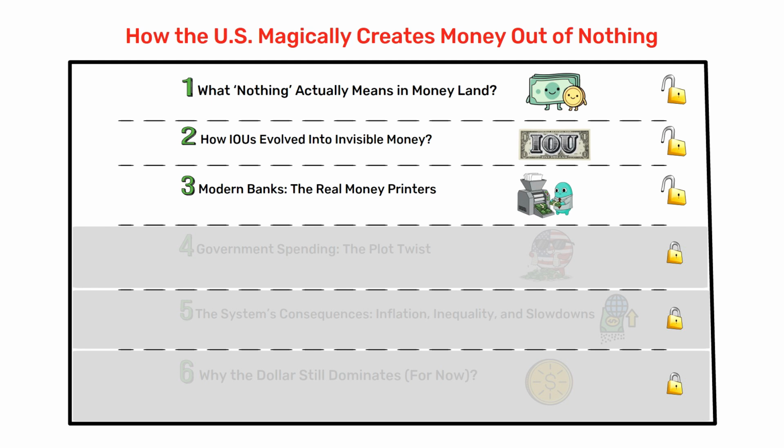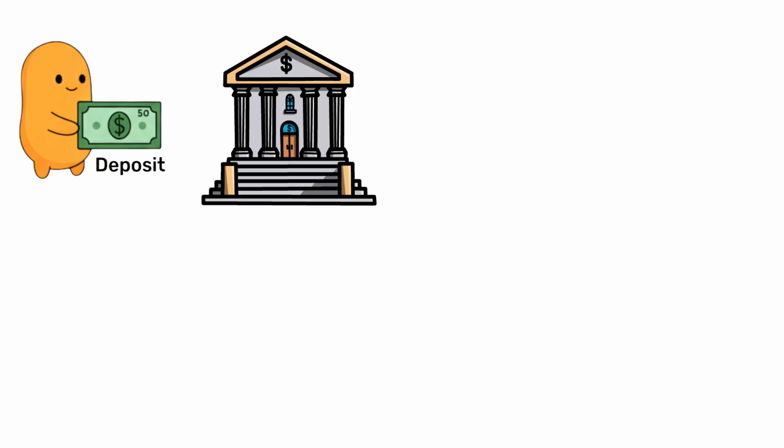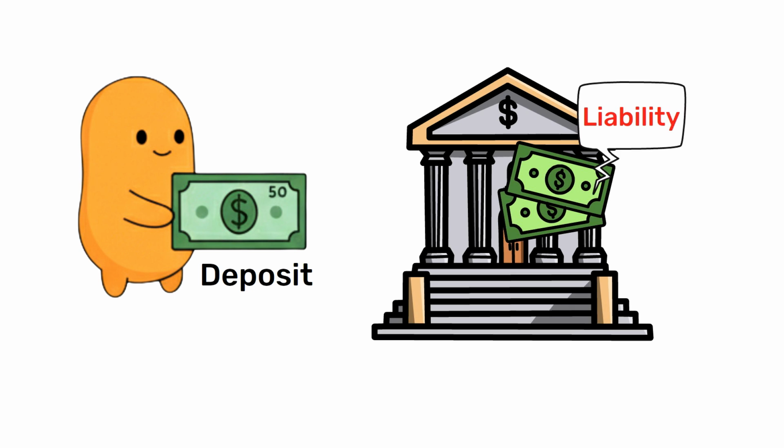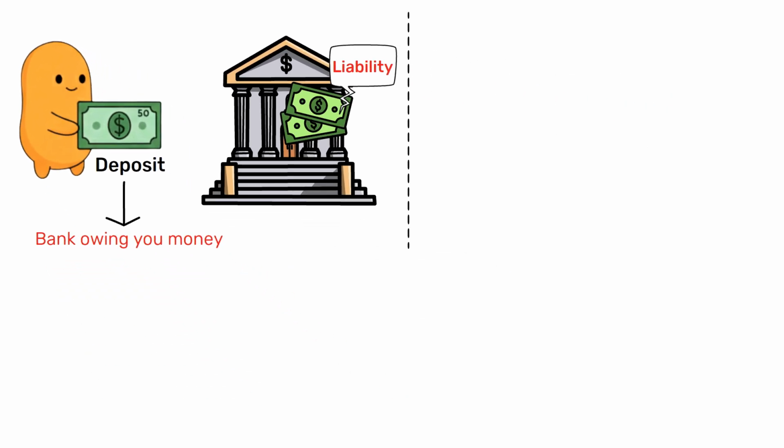And this is the part most people misunderstand. Because when you deposit money into a bank, the bank is not storing your cash like a museum artifact. It's recording a liability. Your deposit is literally the bank owing you money, not the other way around. The flip side is where the magic starts.